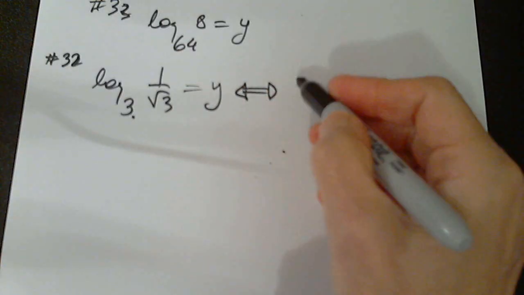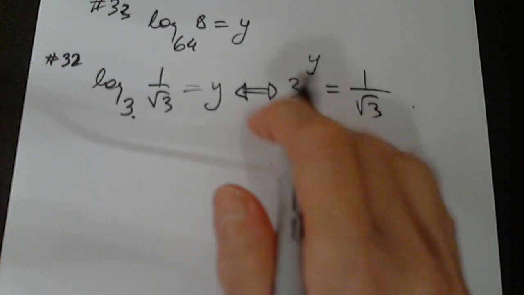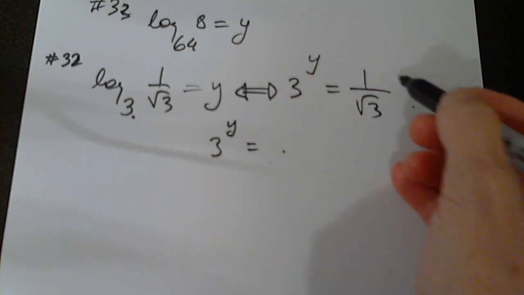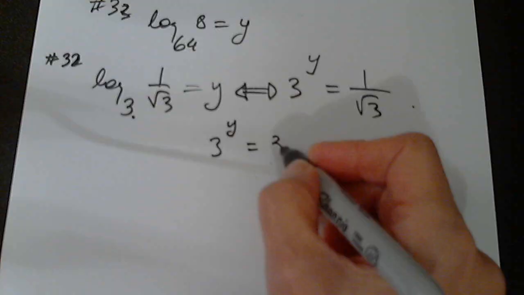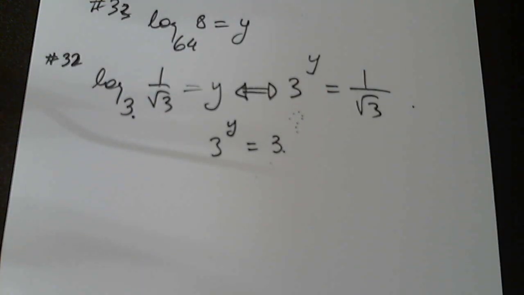Three raised to y equals 1 over the square root of 3. Good. I cannot do anything to 3 to y, but I have to rearrange this as 3 to which power? Which power gives us 1 over the square root of 3?